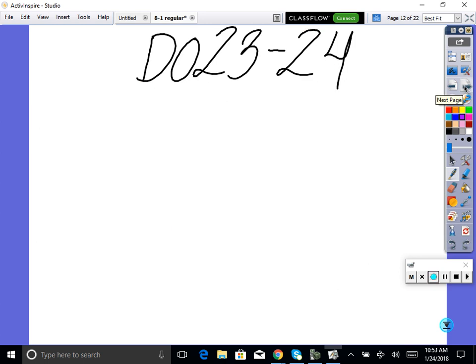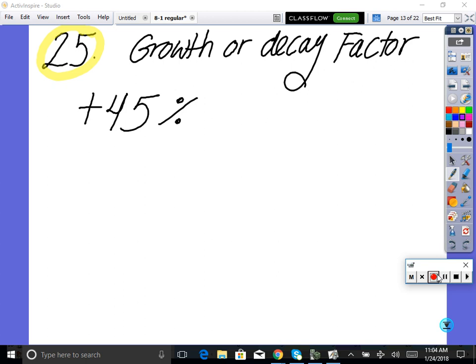Okay, I want you guys to spend some time and do 23, 24. Make sure you're good before we move on to more story problems. Let's read the directions very carefully. It says, based on what you're given, what is the growth or decay factor? So this says we're adding 45%. Now you can only add percent with percent.